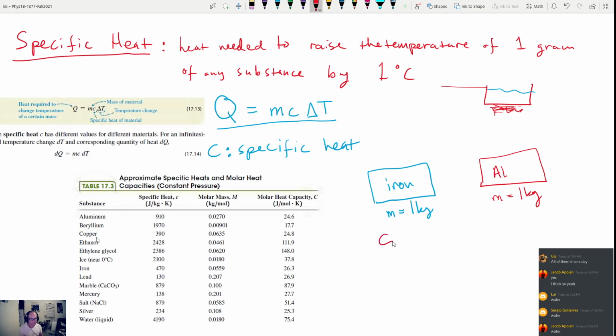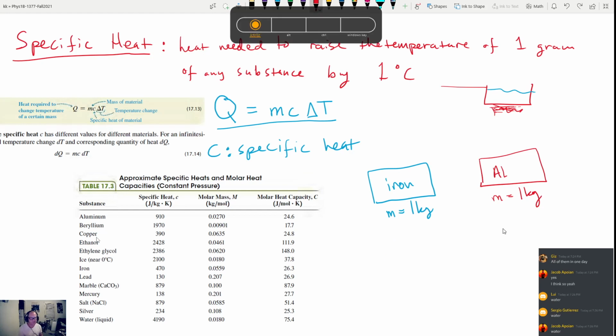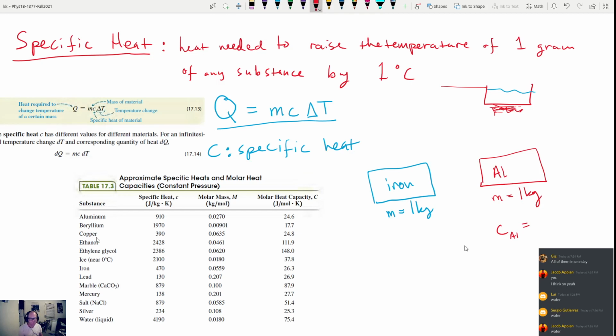I'm just going to write down here that the specific heat for aluminum, according to our table right here, is 910. And the specific heat of iron is 470. Iron's Fe, so C Fe is 470.